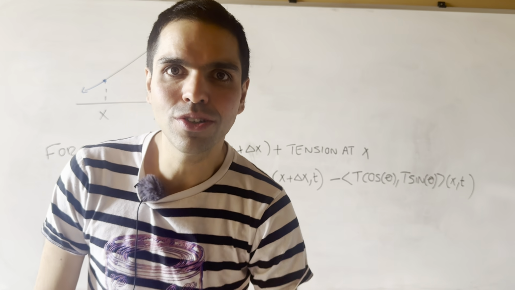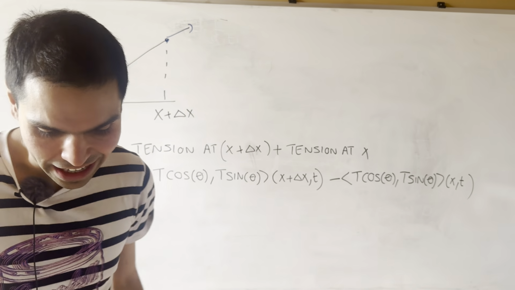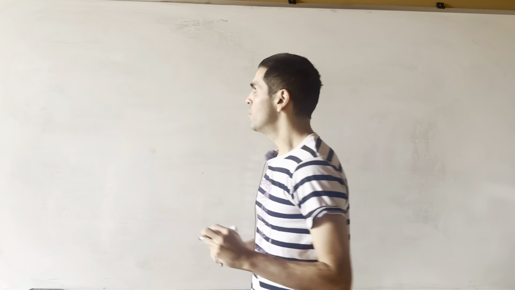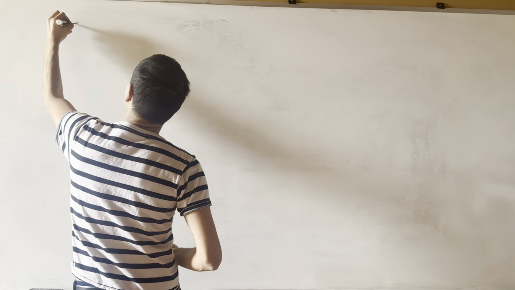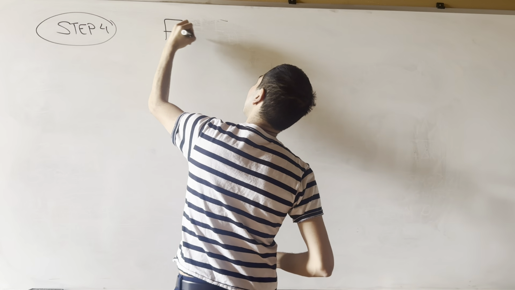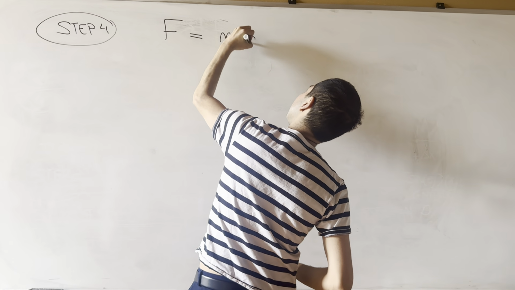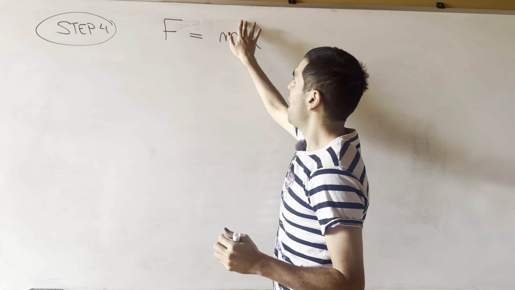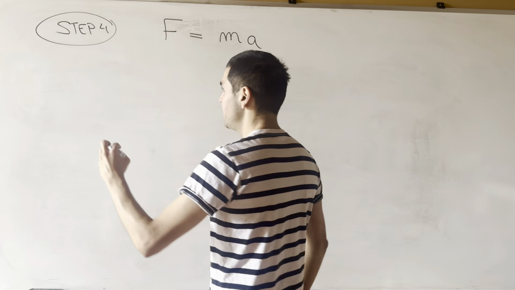So all we need to do is put everything together. So step 4. So now we know that F equals ma. Now remember, F was the tension.